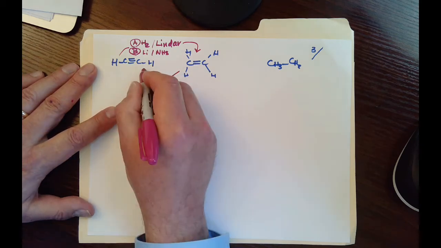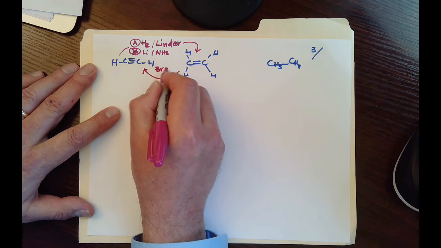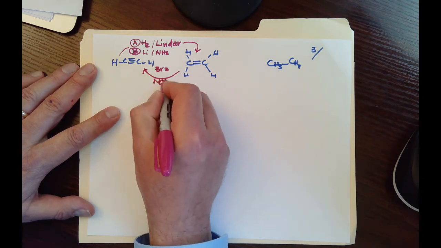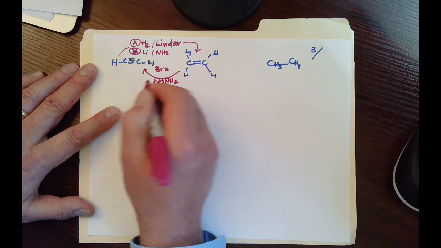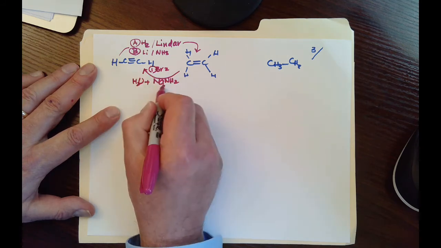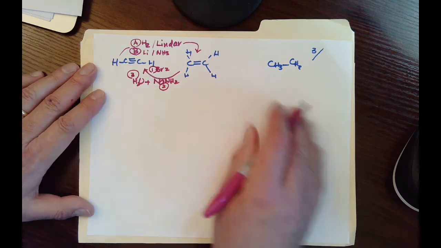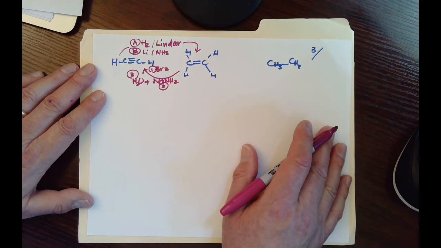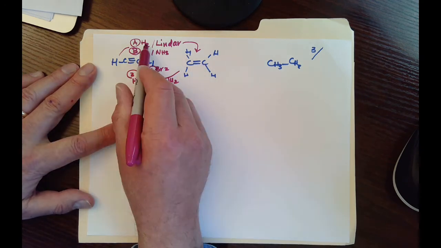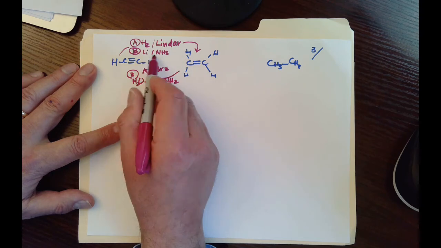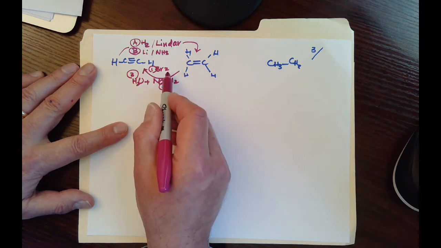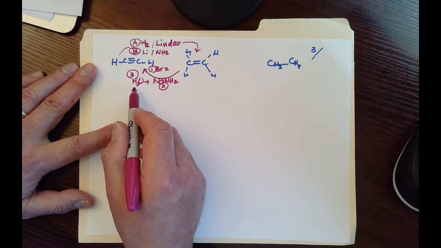So we had excess bromine, and we had sodium amide and water. 1, 2, 3. So hopefully you remember this one. So going from here to here, we use hydrogen gas, Lindlar, or lithium ammonia, going from the alkyne to the alkene. We use bromine to make the dibromide, then sodium amide and water.